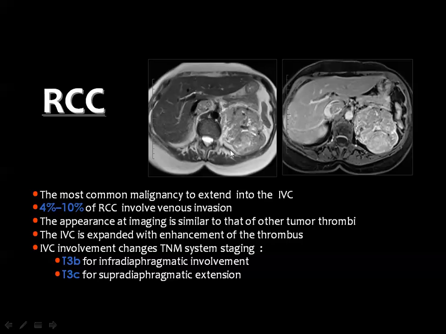In number one, you see the tumor mass in the kidney, and number two, the tumor thrombus will appear on MRI in T1 and T2 weighted images having the same signal characteristics of the renal mass. While the bland thrombus will appear of bright signal in the T1 and T2 weighted images due to the presence of methemoglobin.